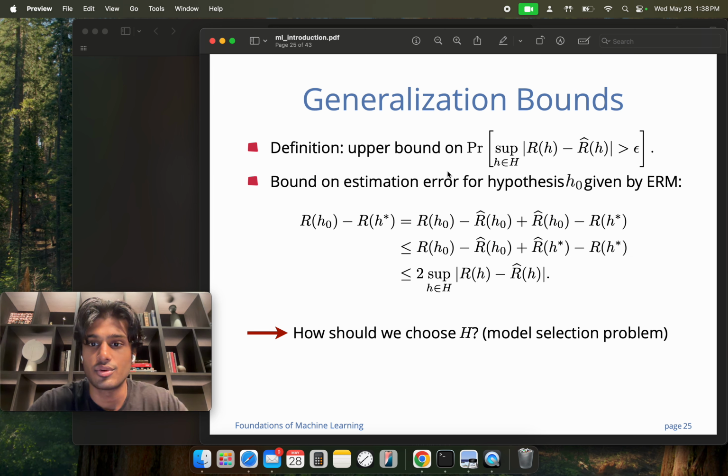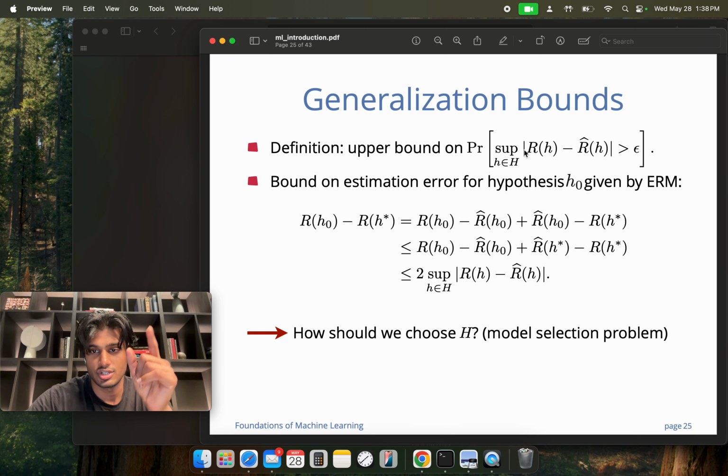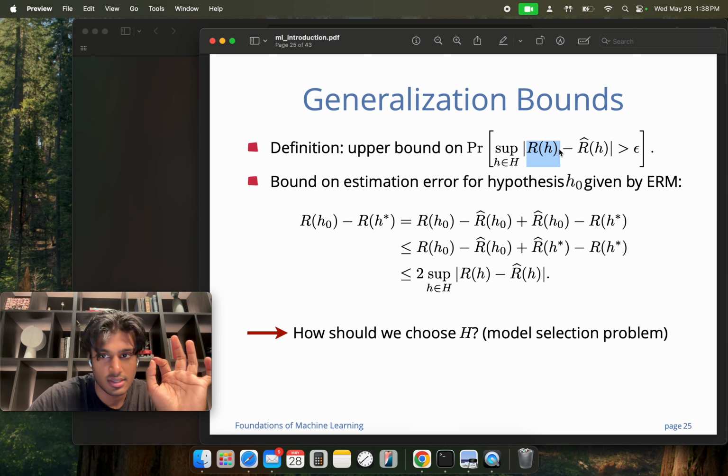So let's say that we want to bound something. I give you a hypothesis h. I calculate its true risk and I calculate its empirical risk. I calculate how much they differ.